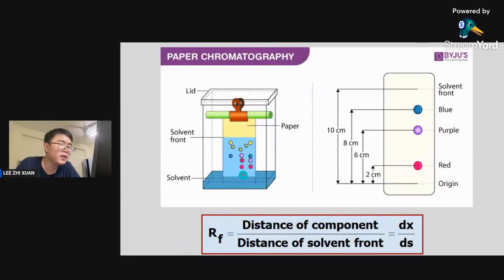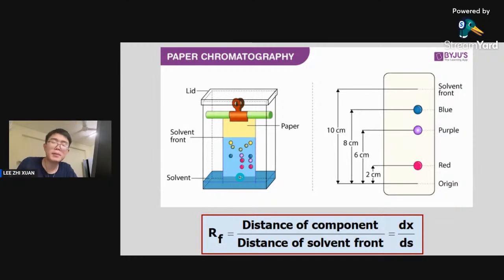Ni semua solvent ni apa? After 30 minutes, you will see that when you immerse, the liquid starts to flow upward until the end, right? So this solvent acts as the mobile phase that carries the sample.